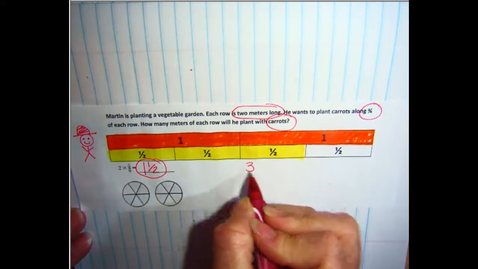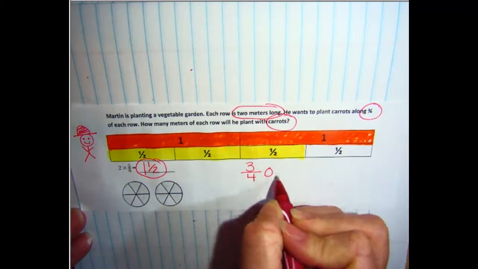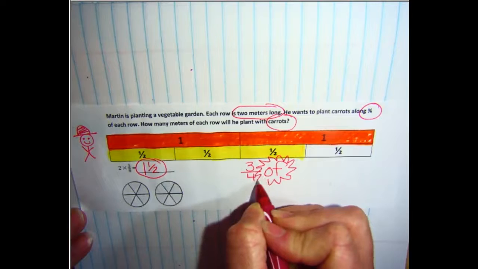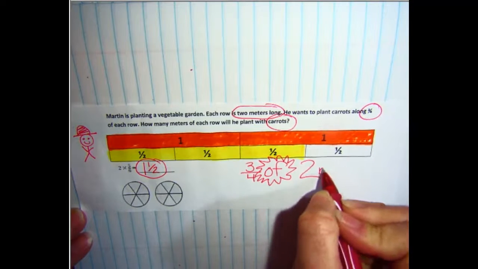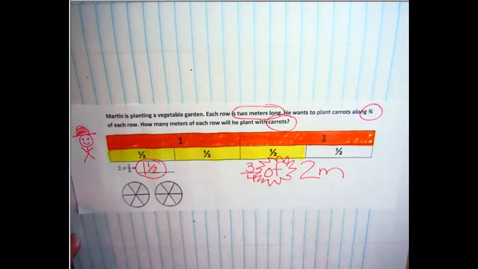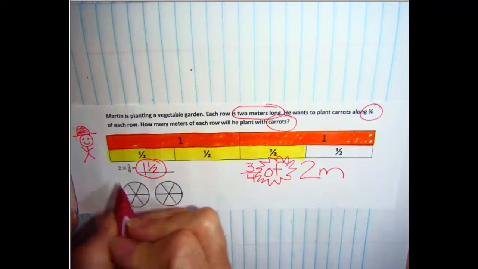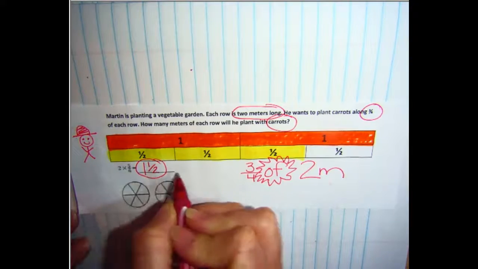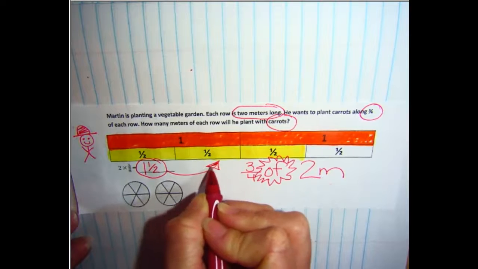This shows 3/4 of, remember that word of that I said was going to be important? 3/4 of 2 meters, and 3/4 of 2 meters is 1 1/2. I just realized I wrote this answer here on this row. That was wrong. That goes with this one.